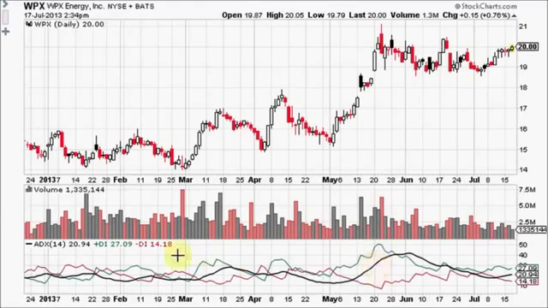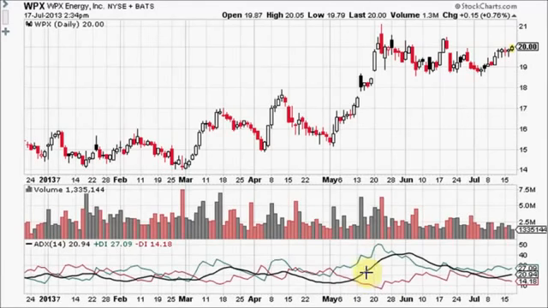And the ADX is the black line right there, set at a period of 14, which is the standard setting. I recommend keeping this setting because the math on this particular indicator is extremely complicated, and it's set at 14 for a reason.